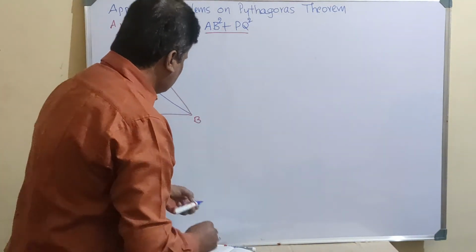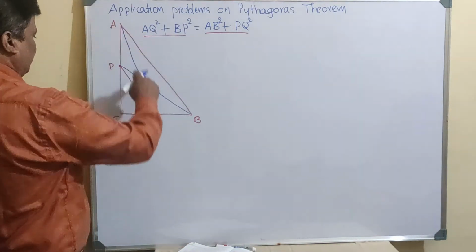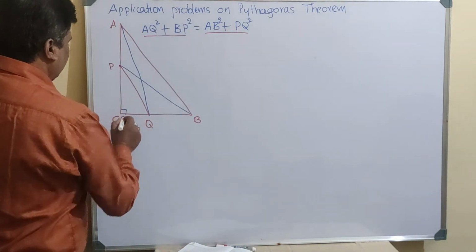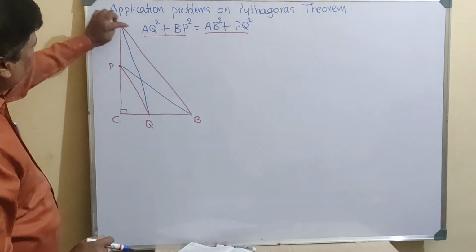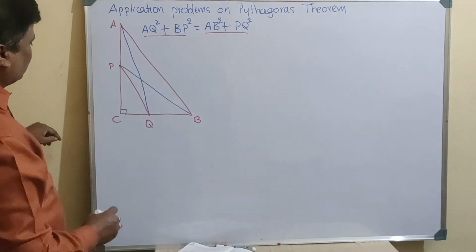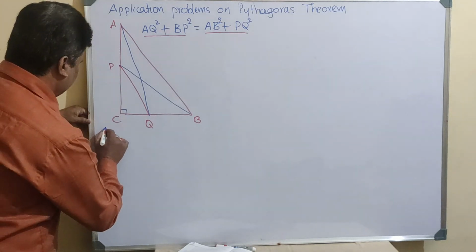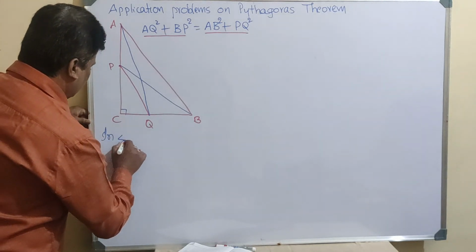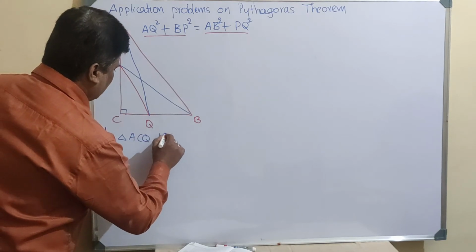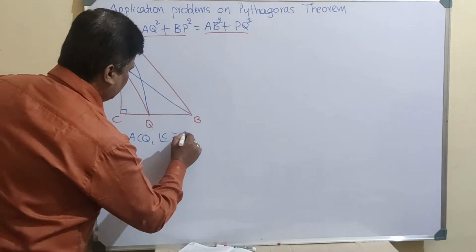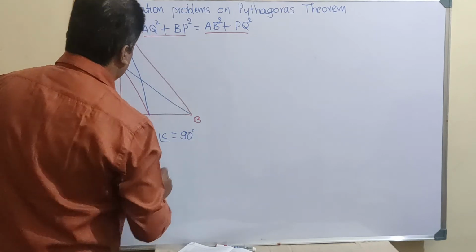So to get AQ square, we should consider triangle ACQ. In triangle ACQ, angle C is equal to 90 degrees.